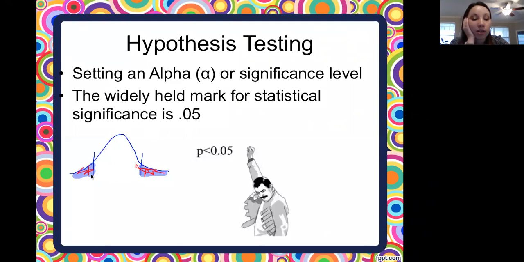That means that our data are falling here in our rejection region. However, if this was reversed, greater than 0.05, in this case, that's saying that our data are falling in the middle here. In that case, we're going to retain the null hypothesis. So in this case here, we're rejecting the null hypothesis because we have a significant result. In this case, with the P greater than 0.05, we're going to retain the null hypothesis. There's no significant result. So that's how that works.